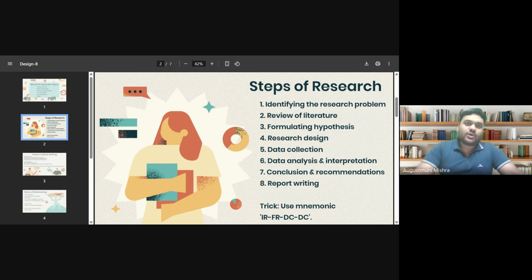Whenever we start making that area our aim or objective, we first identify a broad area of interest. Can anyone tell me what a broad area of interest is during research?